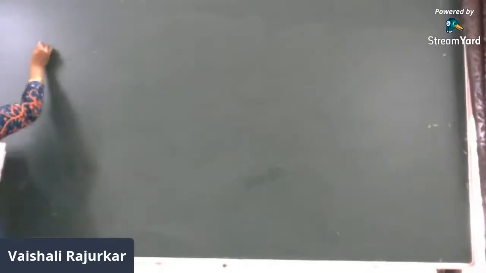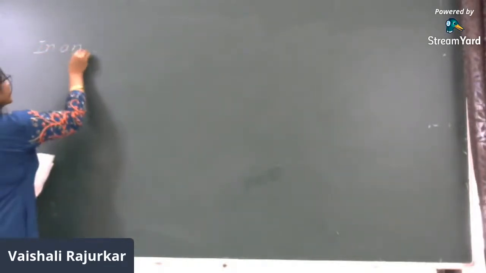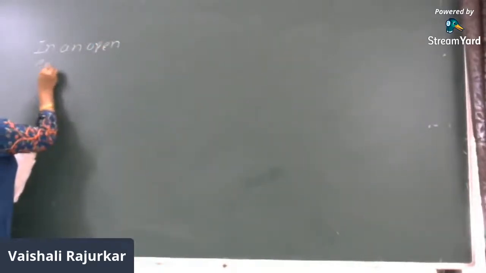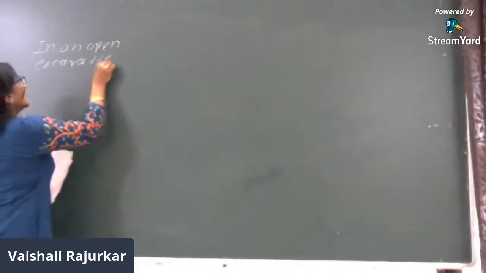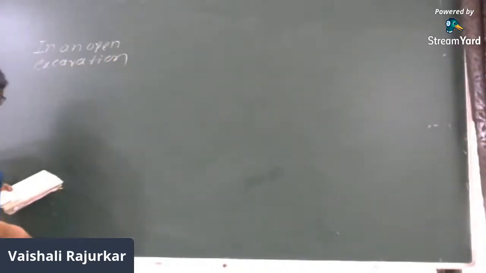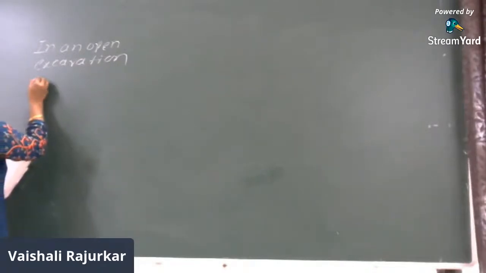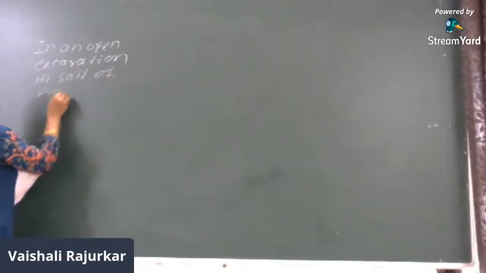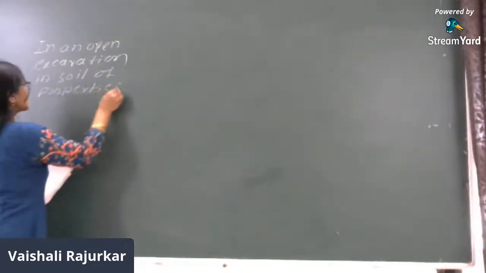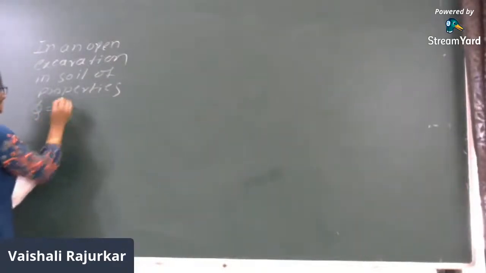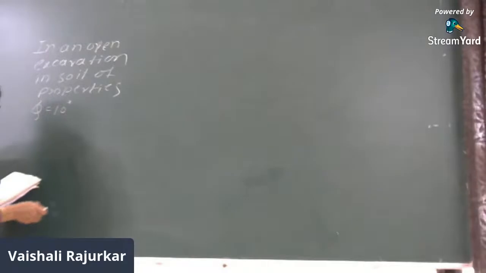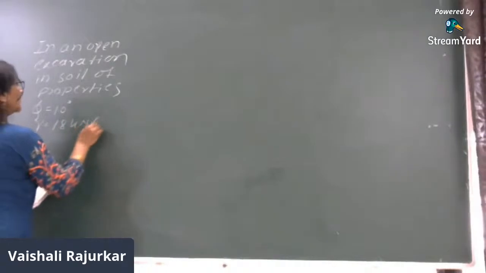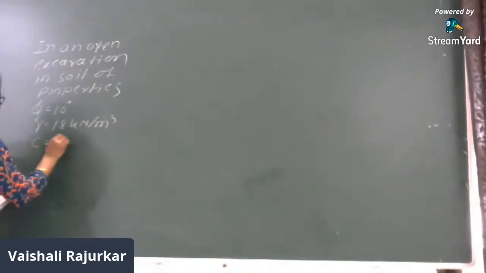Here, an open excavation is carried out in a soil of properties phi is equal to 10 degree, then gamma is given as 18 kilonewton per meter cube. You have to find out the value of C.